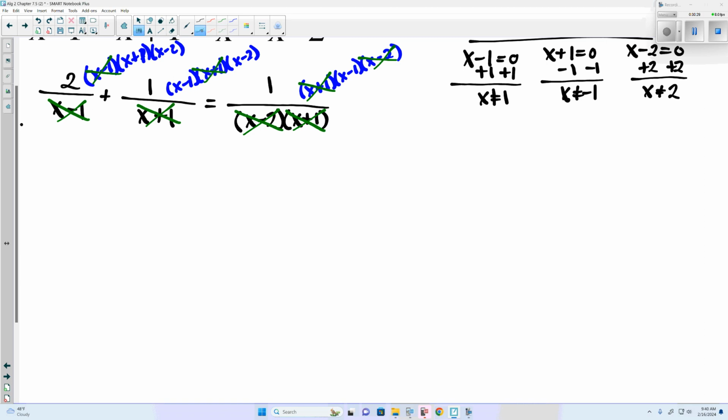So in some of them, it was nice cancellation. The first one, we have 2 times x plus 1 times x minus 2. Plus, well, 1 times x minus 1, x minus 2, we don't have to have the 1 because it's understood, equals 1 times x minus 1 is just x minus 1. It's the nice one out of the 3, yes?